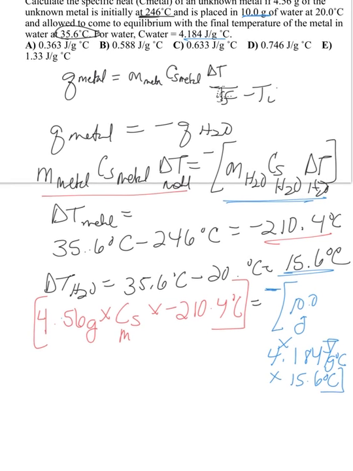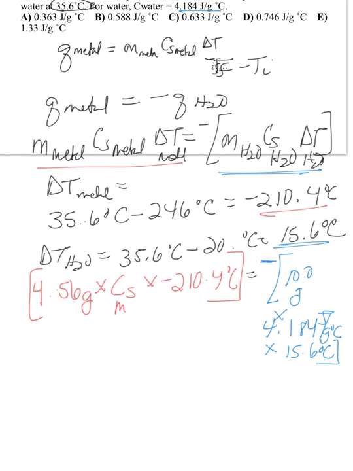Now, when you get your calculator out and you multiply 4.56 times negative 210.4 degrees, you're going to get C, specific heat of the metal, times negative 959.424 degrees Celsius times grams.